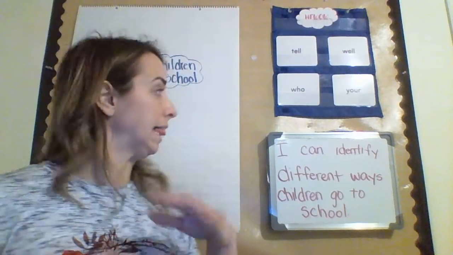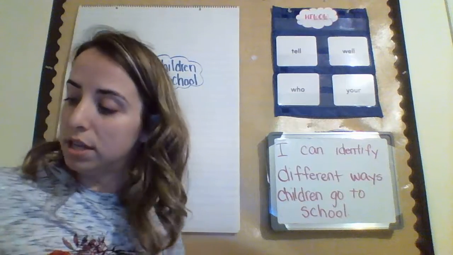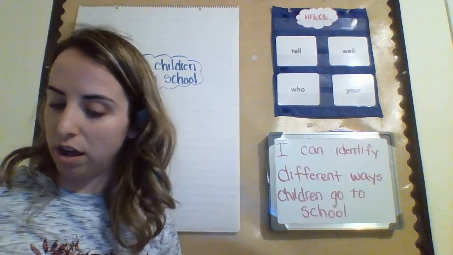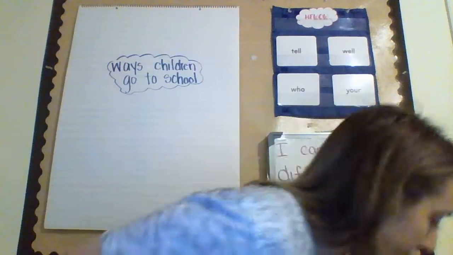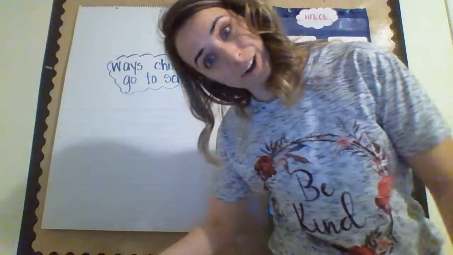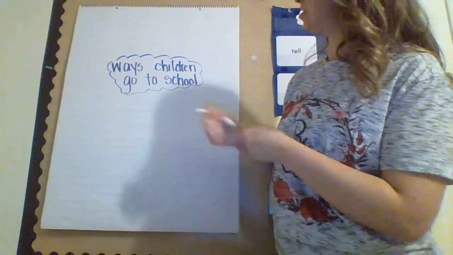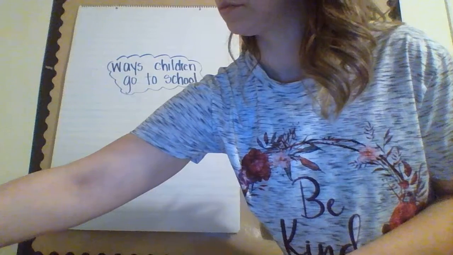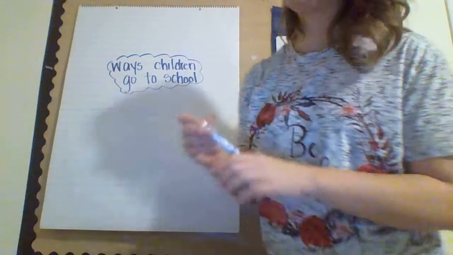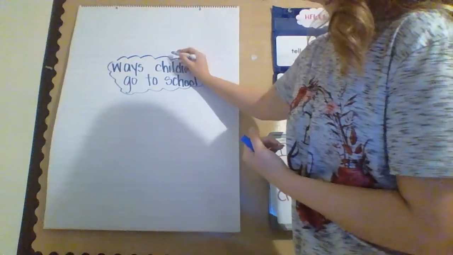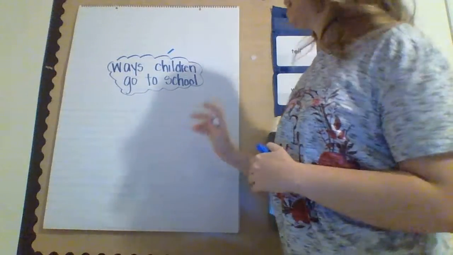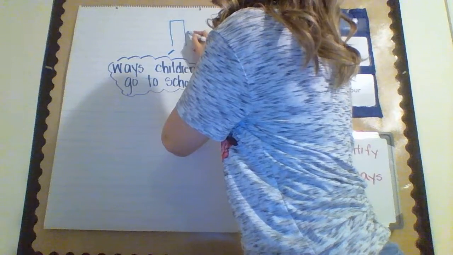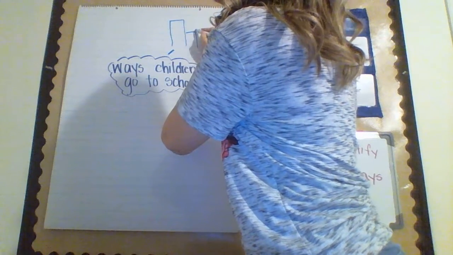All right, so let's put up on our thinking map different ways that children go to school. So give me the first way you can think of. So I'm just going to guess, and we're going to go through it together, okay? So, ways children go to school. Grab a darker color. Okay, the first way was where? In a city. So I'm going to draw buildings for our city as best I can.